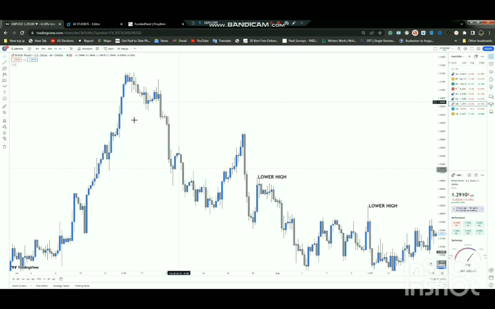So look at this. The market has been moving up, then made this last low, and this last high never broke this last high. See, it retraced back but never broke this last high. So what does this mean?